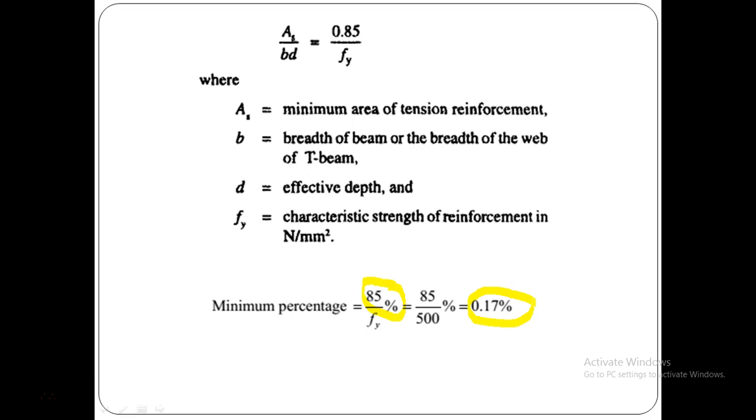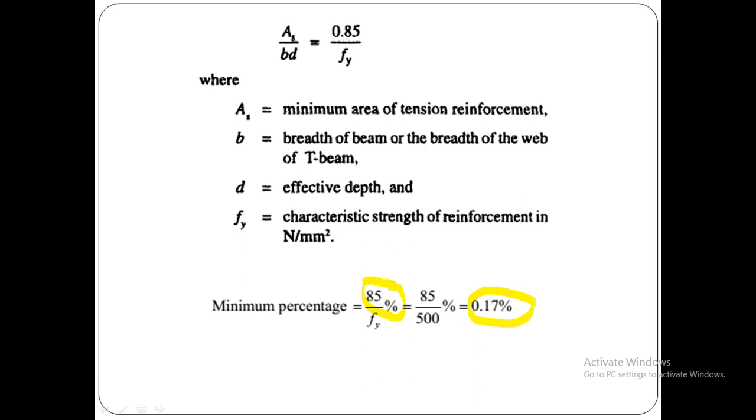0.17 percentage. Now in this question, the question setter wants to know whether a student is able to recall the particular clause of the minimum area of tension reinforcement, and whether he is able to solve this question for that particular grade of steel.